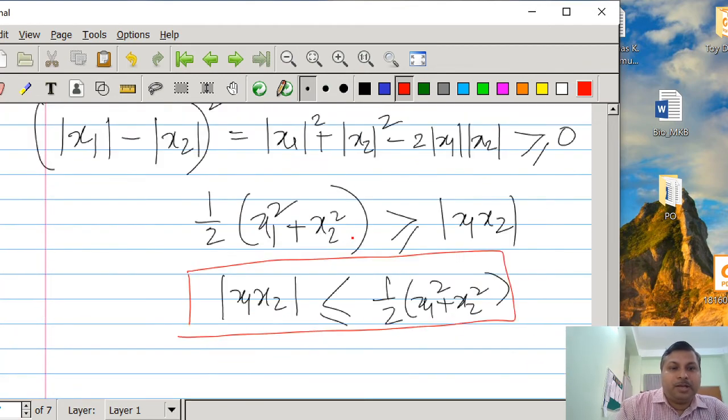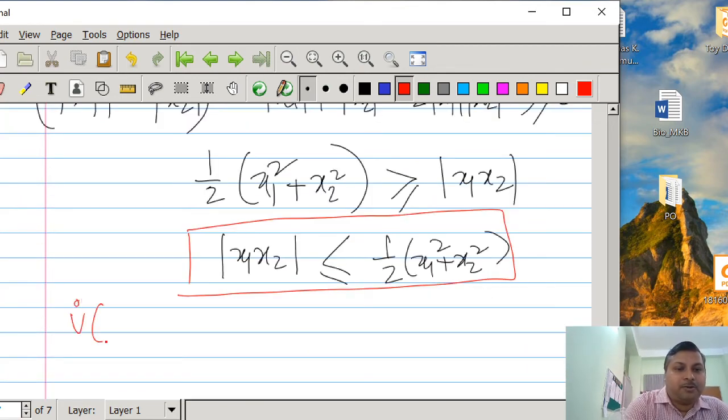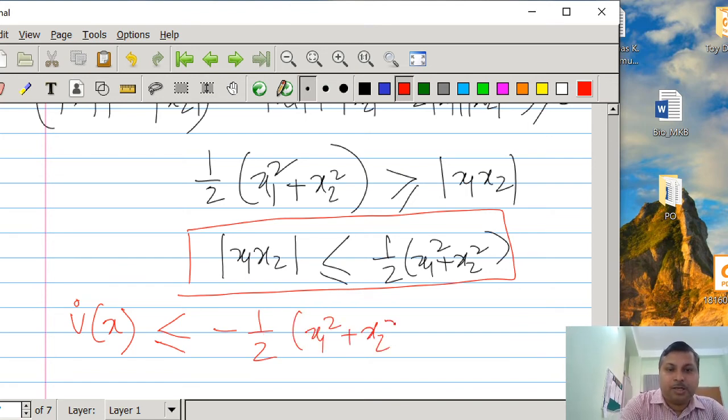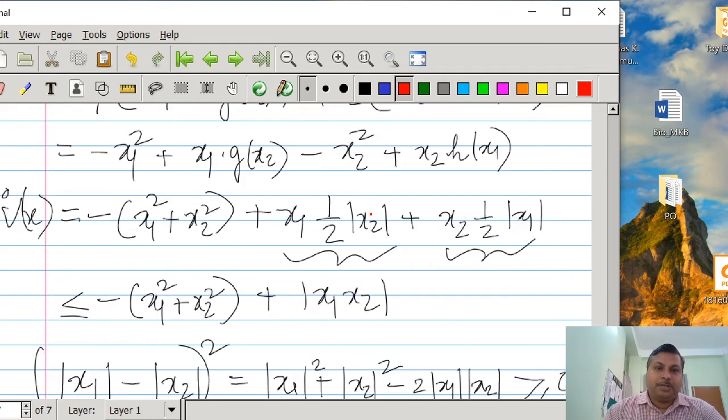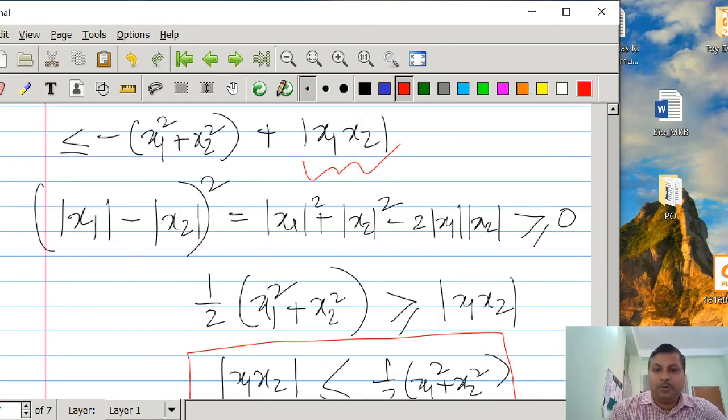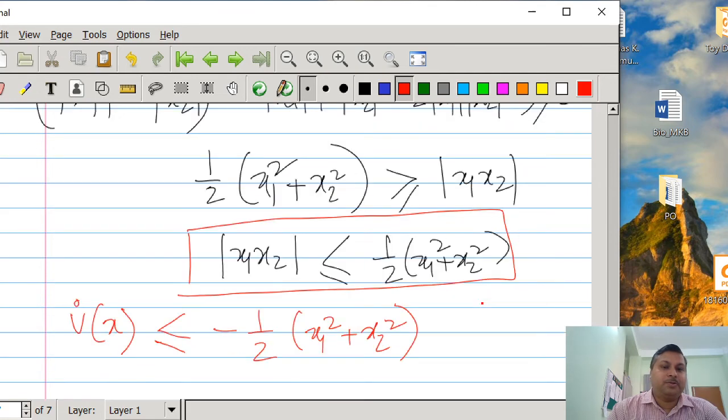So now from here, v dot x we can write will be less than or equal to minus half of x1 square plus x2 square. Because you see this term, mod of x1 x2, will always be less than or equal to half of x1 square plus x2 square.